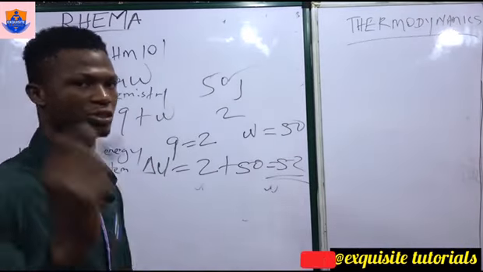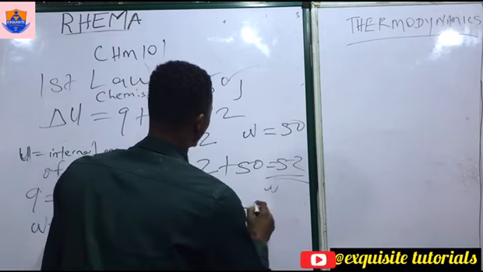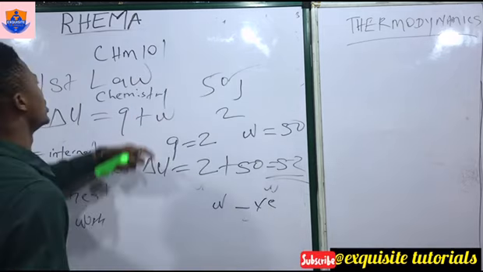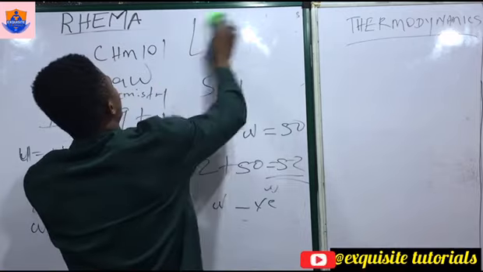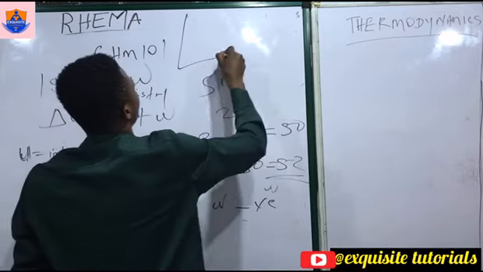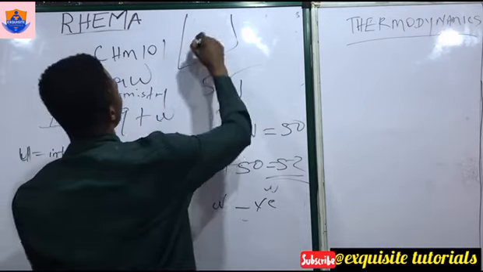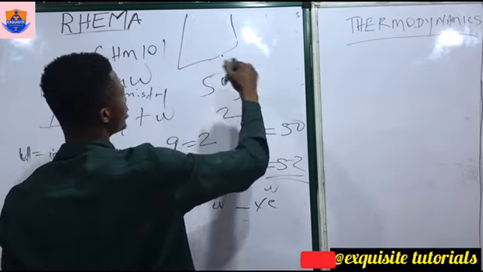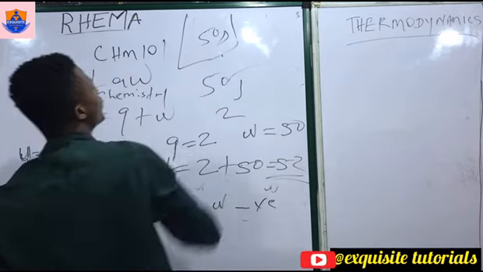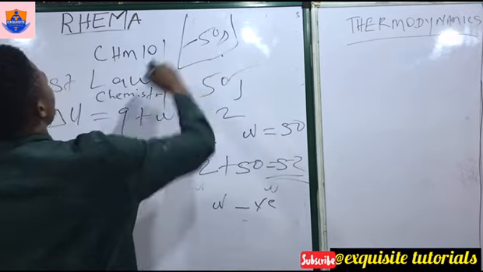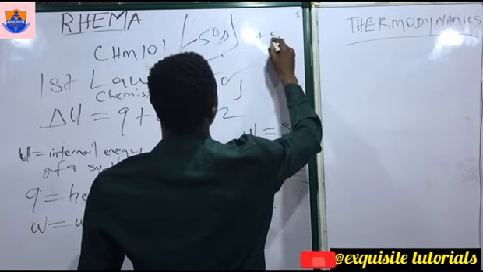So in chemistry, W will be negative because work done is giving out into the surrounding. It means that here is losing, let's say when we are using 50 joules of energy, so here we'll be having minus 50 and the surrounding will be adding plus 50.